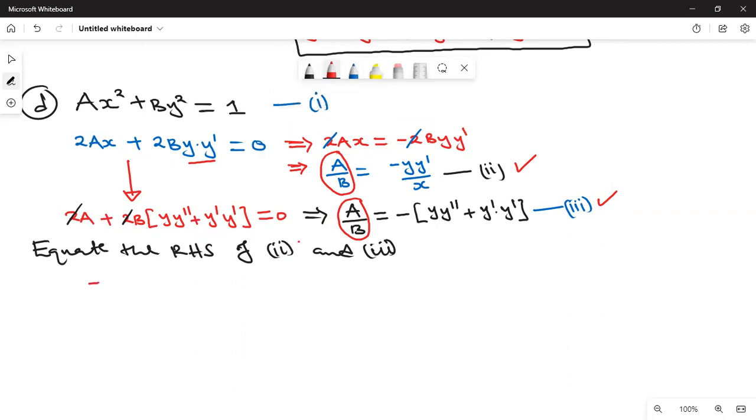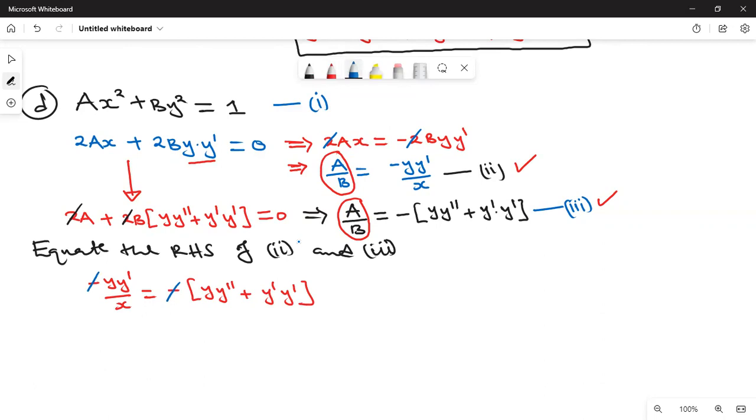So that's negative y prime over x is equal to negative y double prime plus y prime times another y prime. And you see the negative will cancel. So this negative will cancel with this.